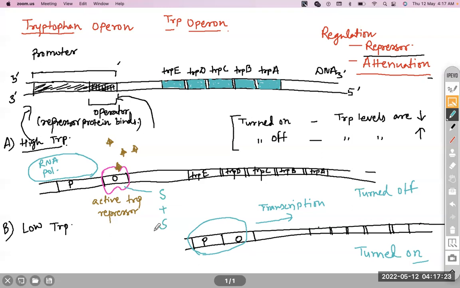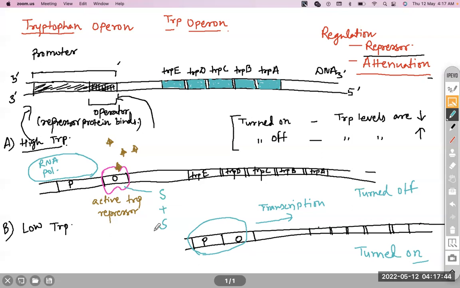So it is sensing whether tryptophan is already present at high levels or not, and if it is so, means when tryptophan level is high, it switches the operon to the off position.